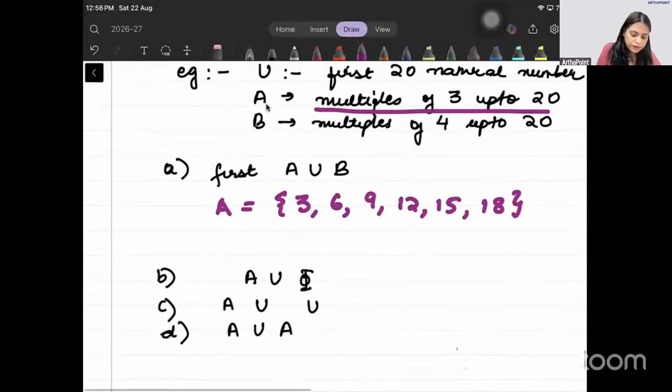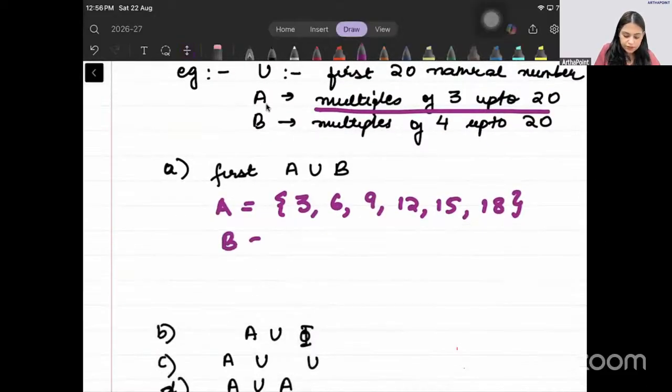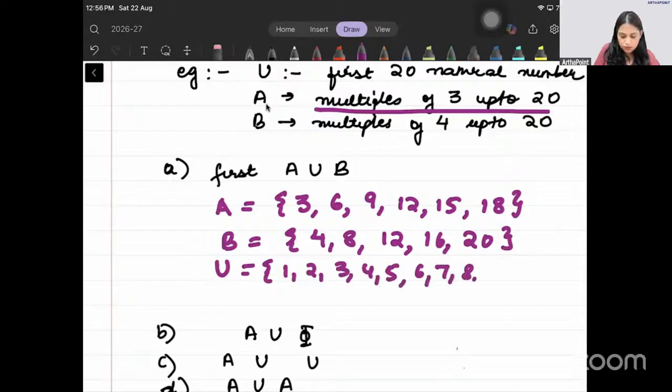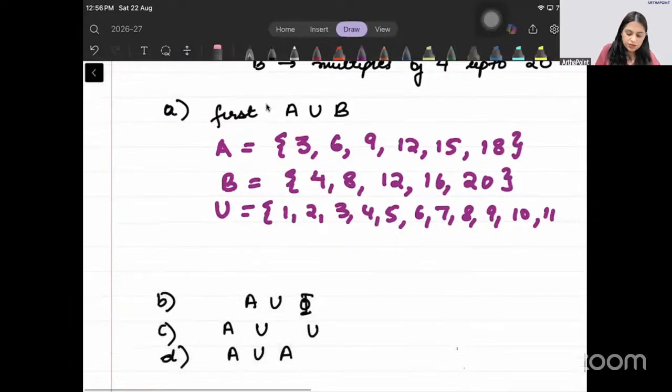B is multiple of 4 up to 20. U is first 20 natural numbers.